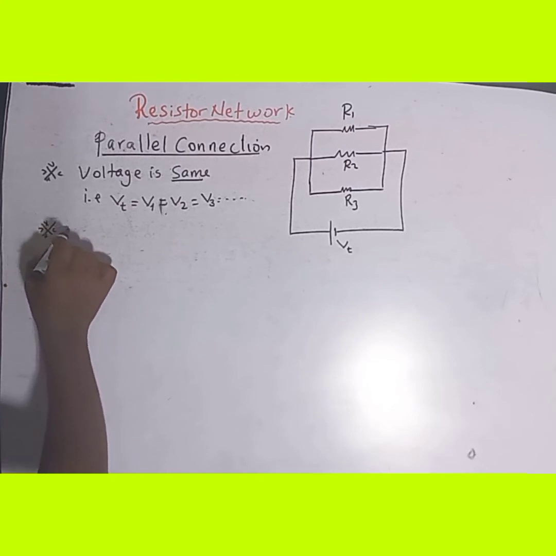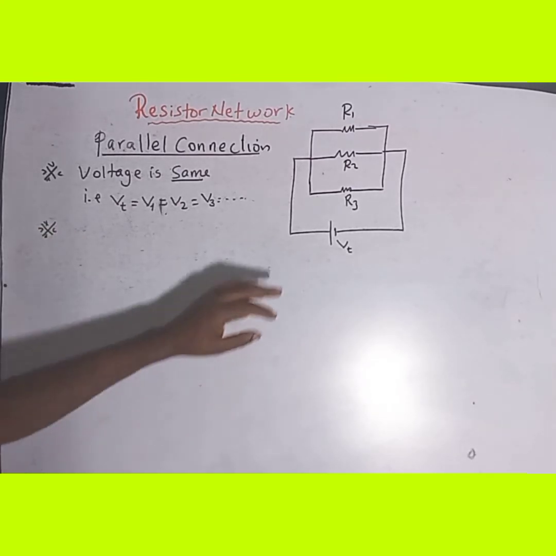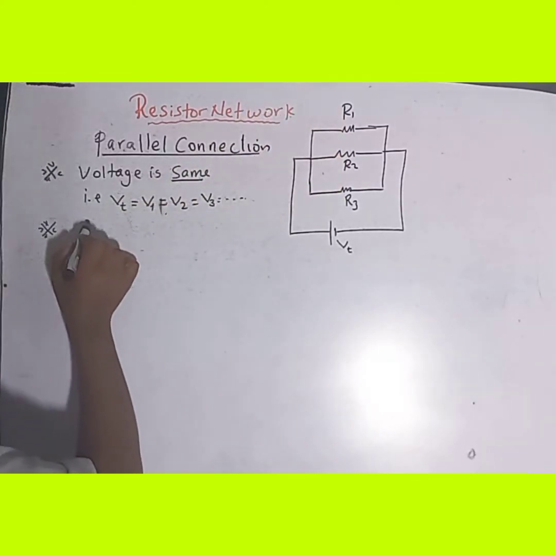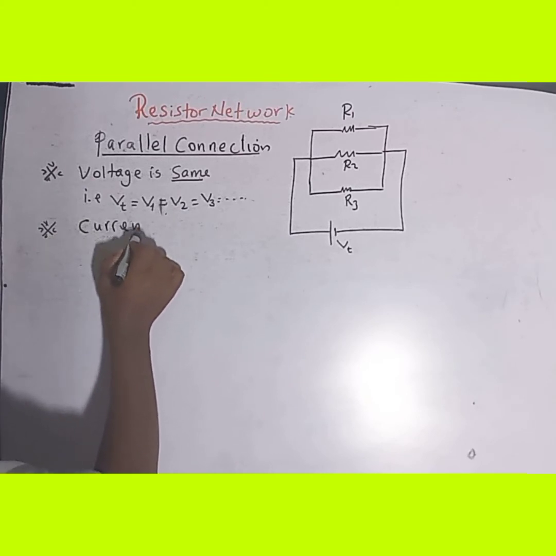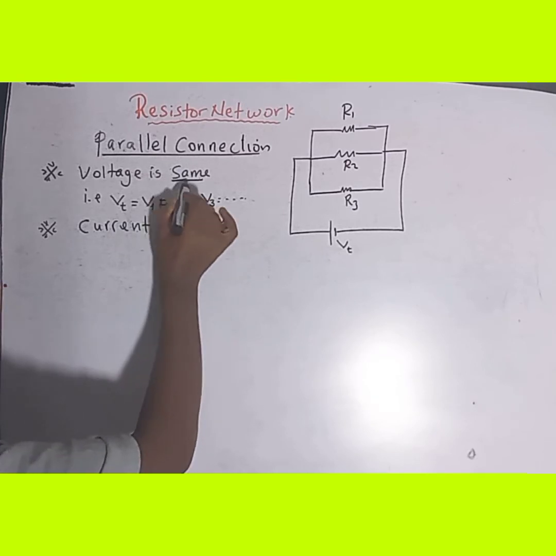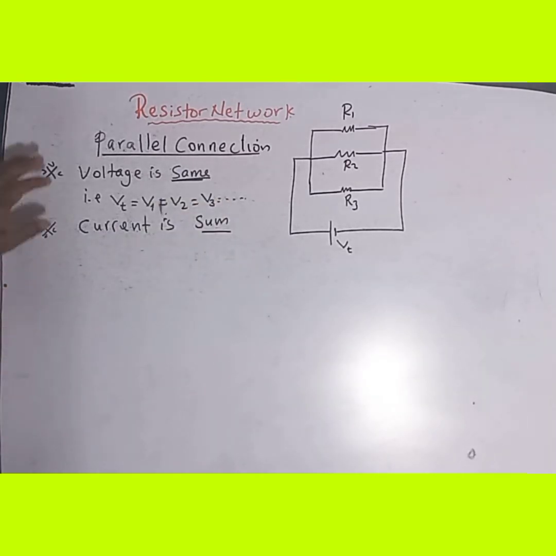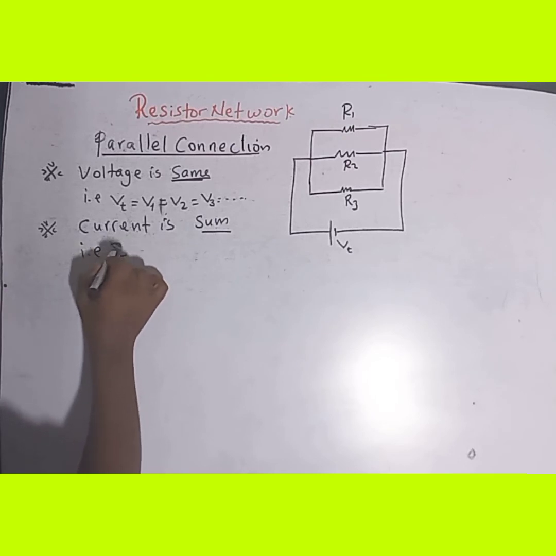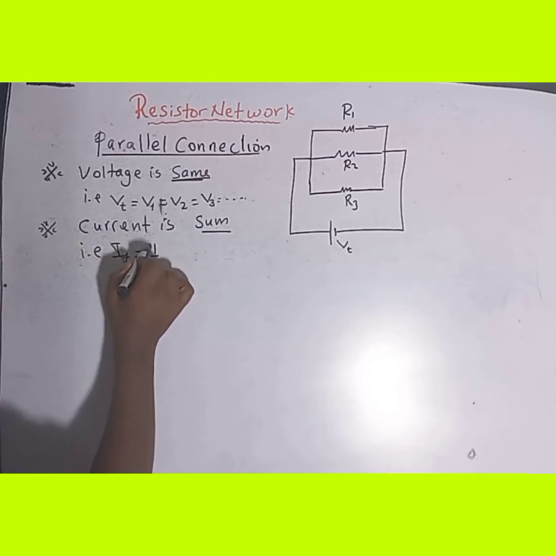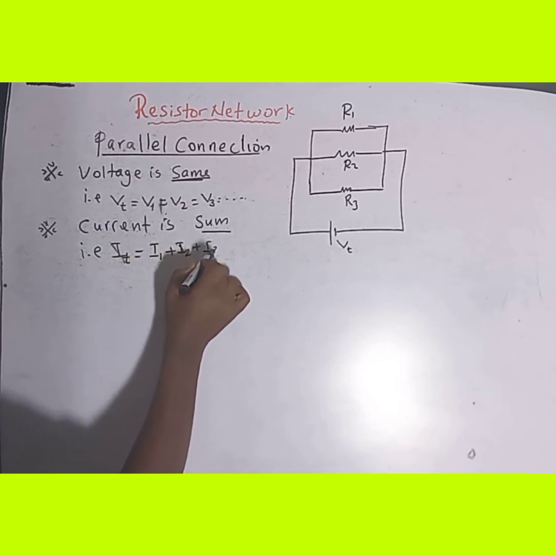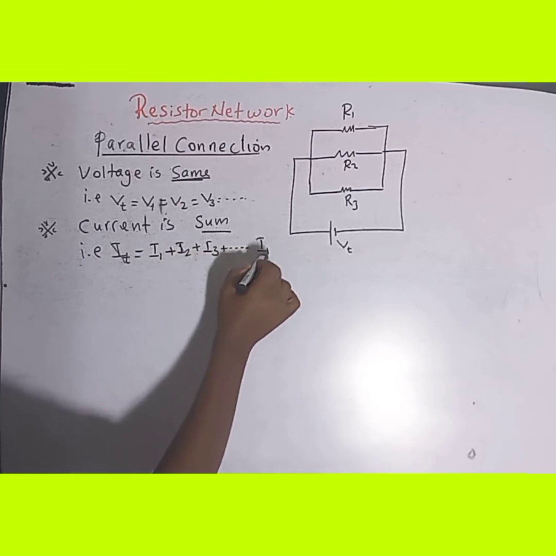But total current is the sum of the current across each resistor. Current sums, voltage is the same for a parallel connection of resistors, which means total current I total equals I1 plus I2 plus I3 plus In.